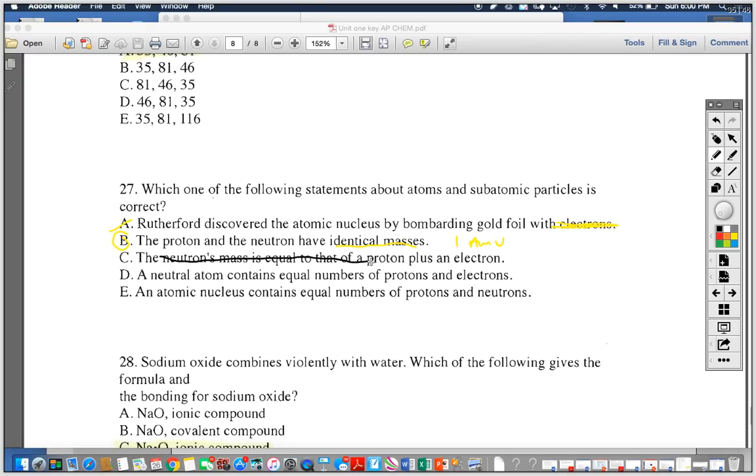That is not true. We say the protons and neutrons are equal. An electron is much less. A neutral atom does contain equal numbers of protons and electrons. That's why it's neutral. And a nucleus does not necessarily contain the same number of protons and neutrons. That's not true. So really in 27, both B and D would be true.